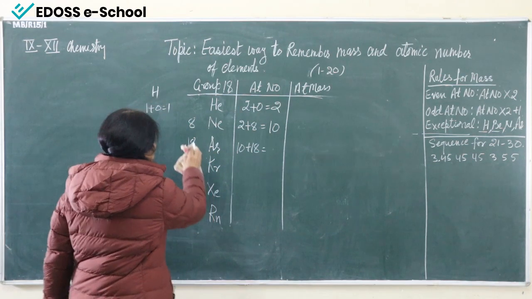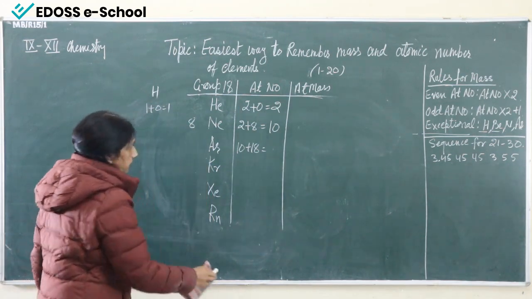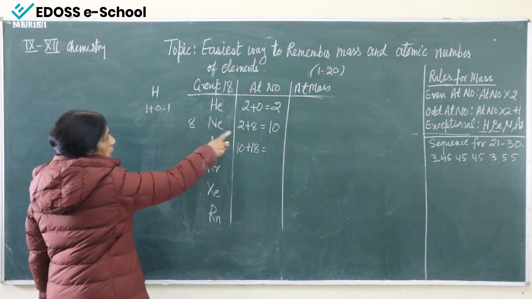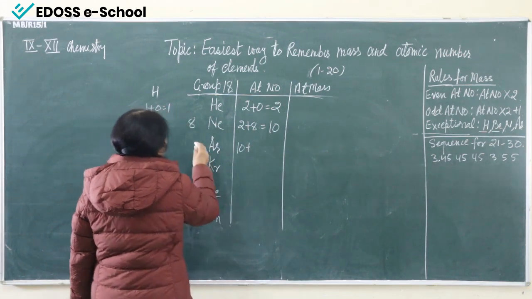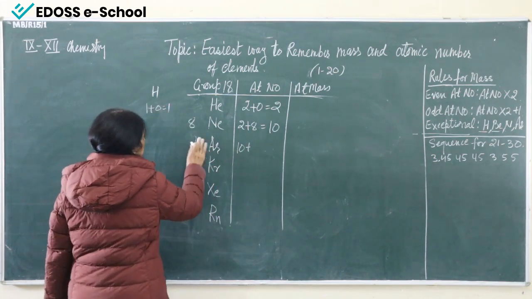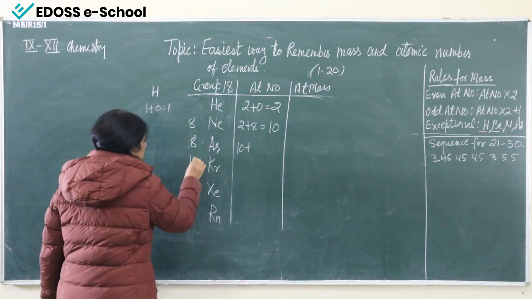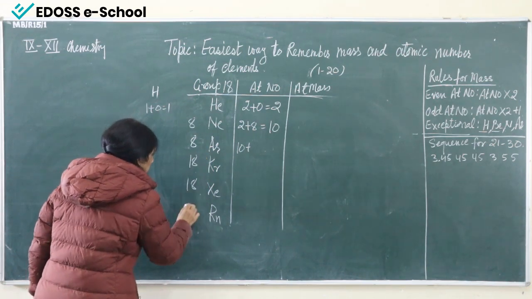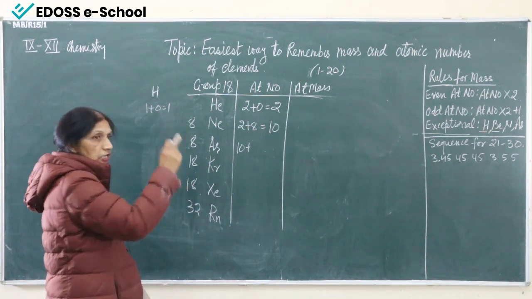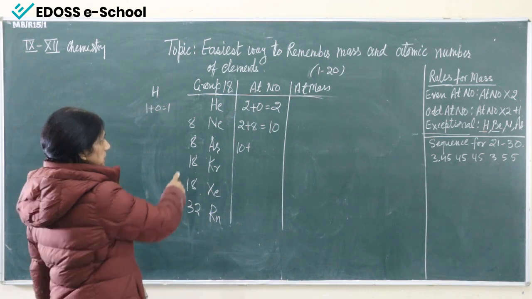So in this case, the sequence will be a little bit different. Okay. So first we have to add 8, then we have to add 18, again 8, then 18, then 18 and then 32, as the case was in group first and second.